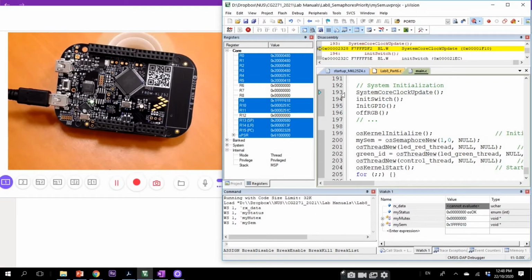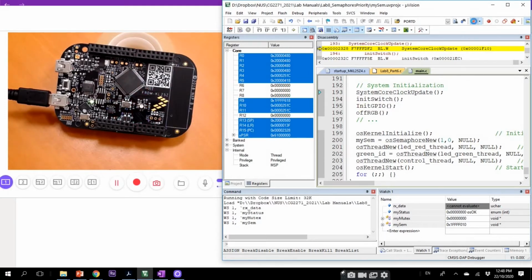I'm going to run it. Initially there is no LED blinking, but after 5 seconds the control thread will release the semaphore, and then the red LED gets it, followed by the next iteration where the green LED gets it, and so on. Similar to what we saw in class, I have alternating LED blinking one at a time.